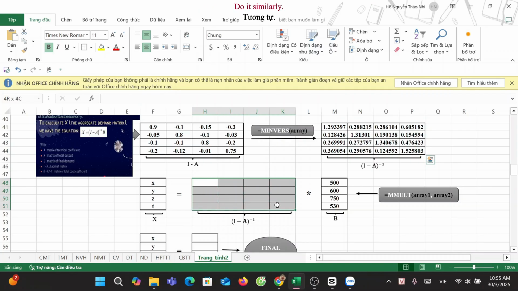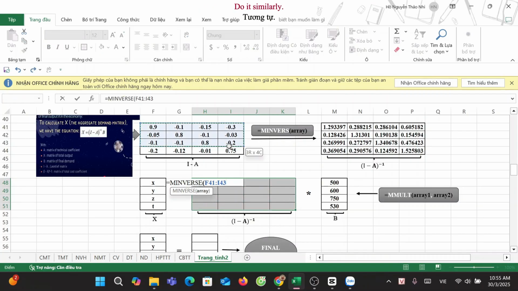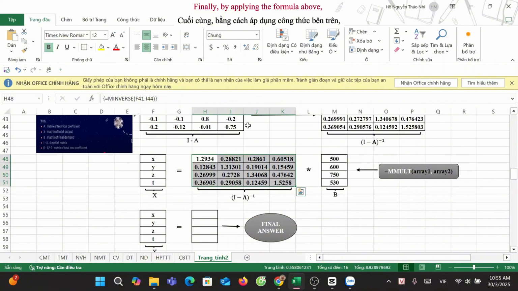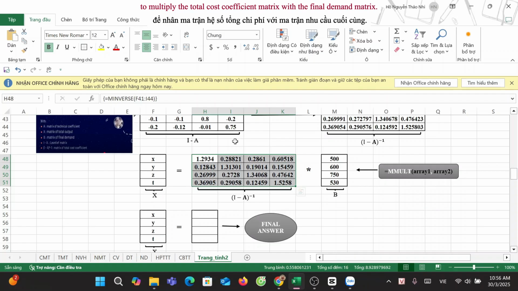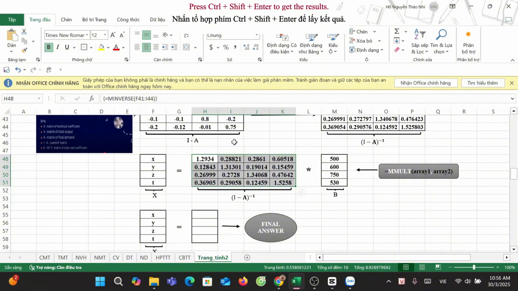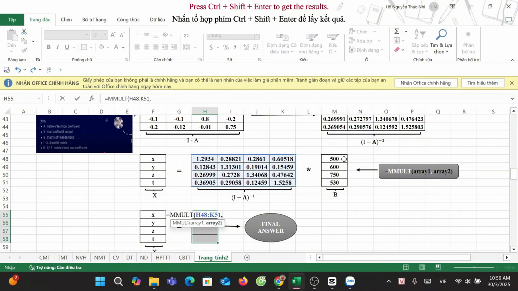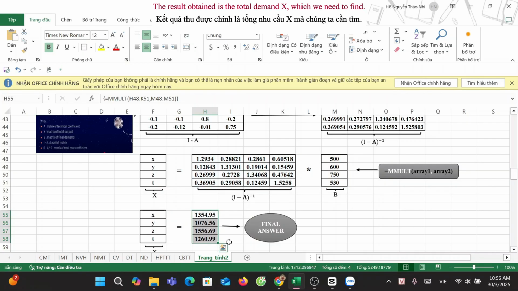Do it similarly. Finally, by applying the formula above, we use the MMULT function to multiply the total cost coefficient matrix with the final demand matrix. Press Ctrl+Shift+Enter to get the result. The result obtained is the total demand X, which we needed to find.